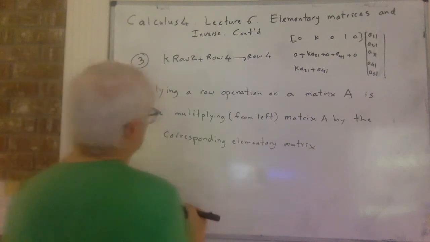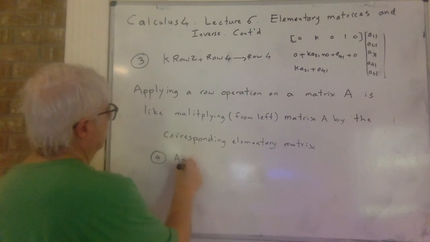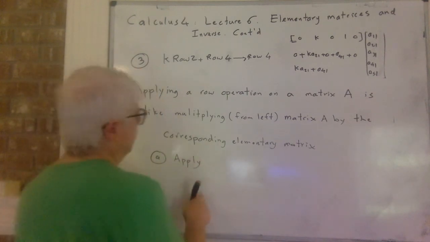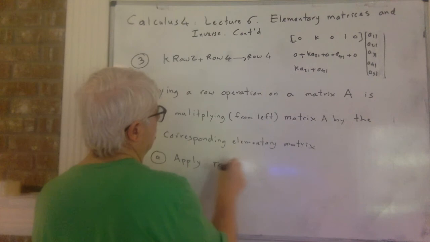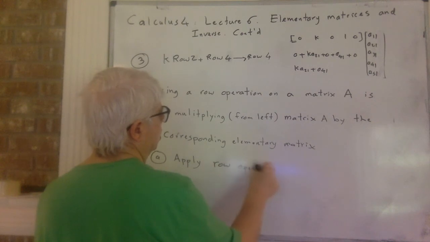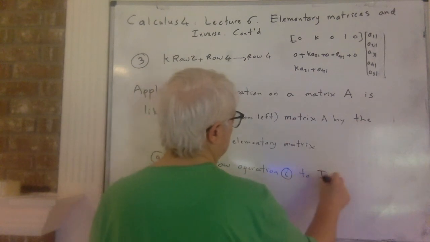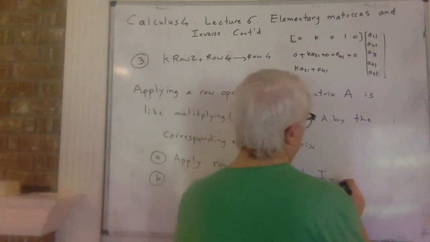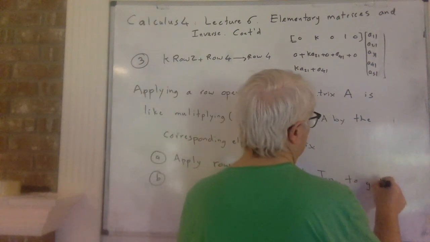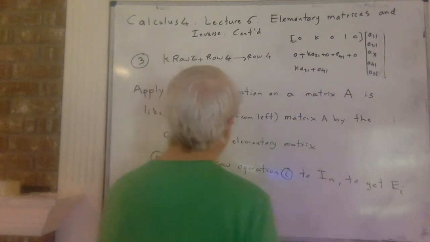So I can say this. Apply row operation, say row operation I, to the identity matrix I_n, to get, say, E_I. Now this E_I comes from this.